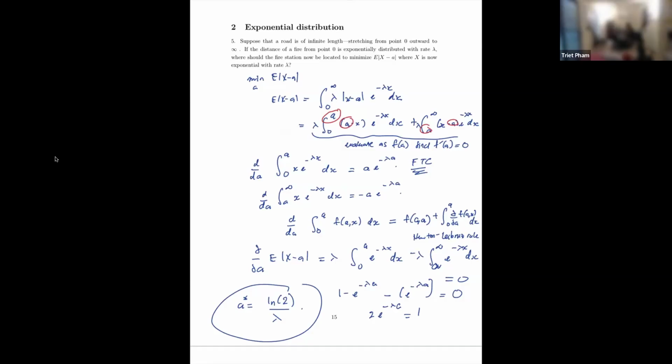What role is a star in terms of the exponential lambda? Is it the mean? Is it the expectation of x? Clearly not, because the expectation of x is 1 over lambda.